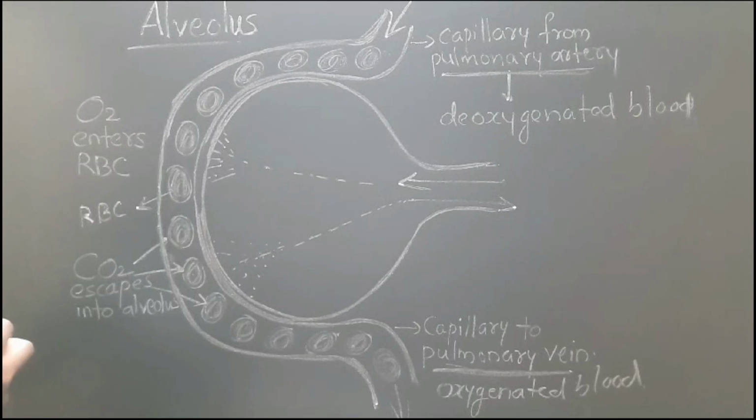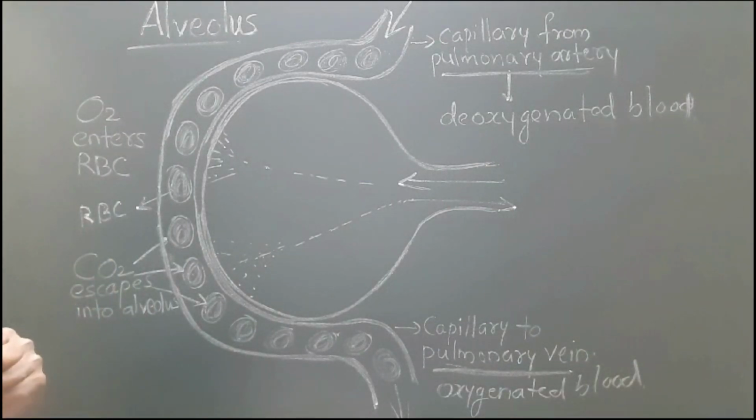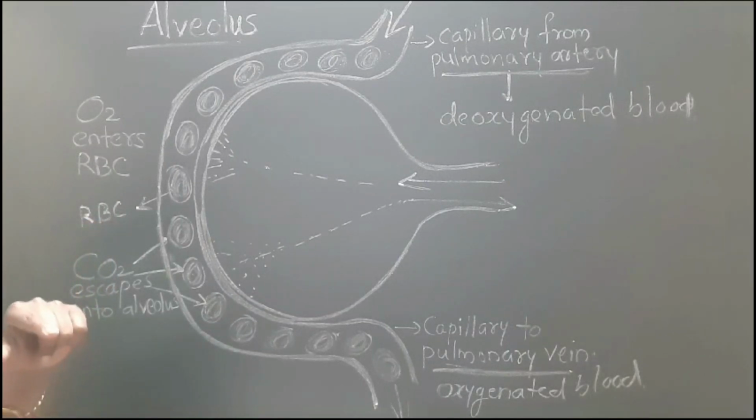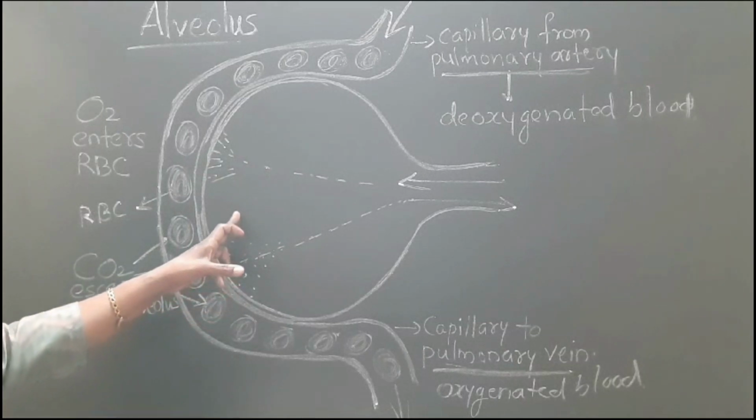We took a breath, that is a mixture of air. From that mixture of air, our lungs take only oxygen. Remember the respiratory system: nose, then pharynx, larynx, trachea, bronchi, bronchioles, and then in the lungs, alveoli.